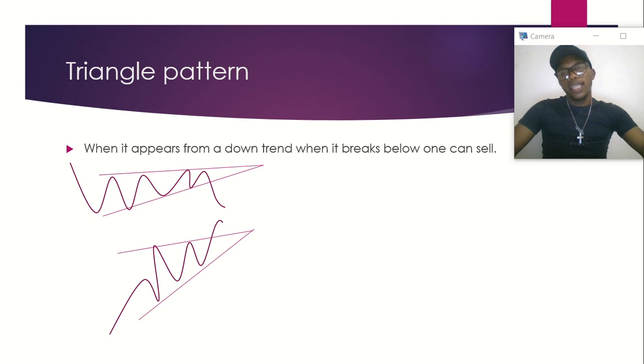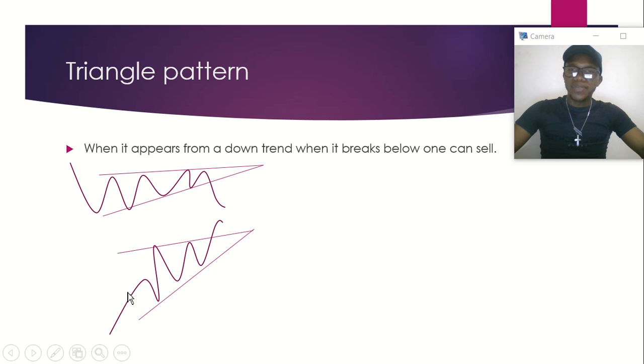So now let's start with the triangle pattern. When it appears from a downtrend and it breaks below, one can sell. When it appears from a downtrend, like you see in my diagram, this is a downtrend, it consolidates, then it breaks, then you can place a sell here.